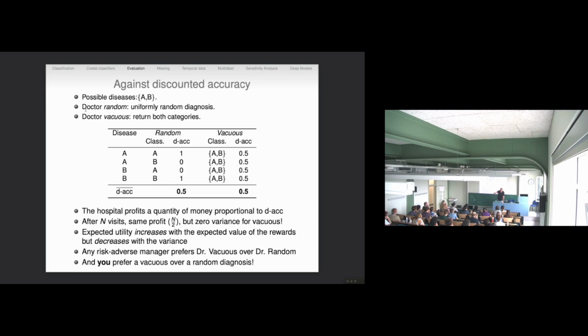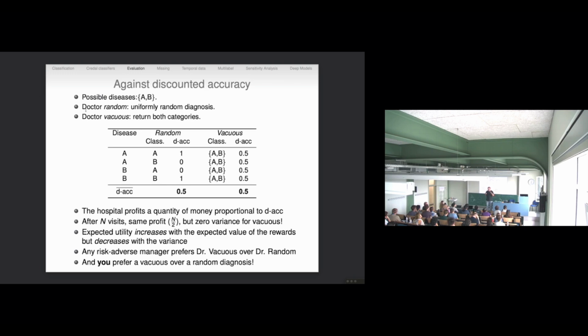But I don't know you, but I would prefer Dr. Vacus, who is not such a good doctor, but I prefer to remain in a situation of indecision rather than accepting a potentially very wrong 0.5 diagnosis. And to express the difference between these 2 doctors, expected utility is not enough.